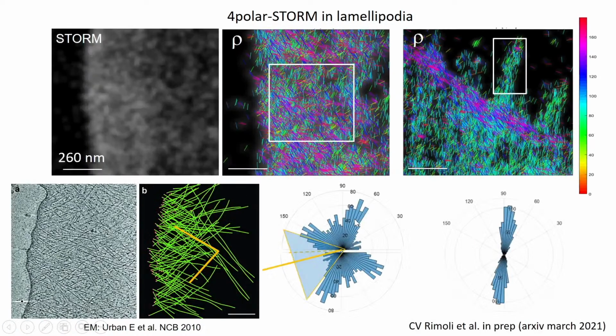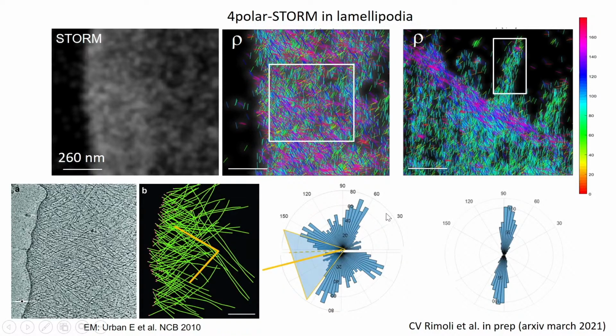And looking a bit closer at the way that these filaments were oriented, we can see first in the STORM image that it's very hard to disentangle any kind of organization in this filament meshwork because of their high density. This is basically the high limitation of STORM here. However, in terms of orientation, we can clearly visualize in these regions here structures which are not completely isotropic.